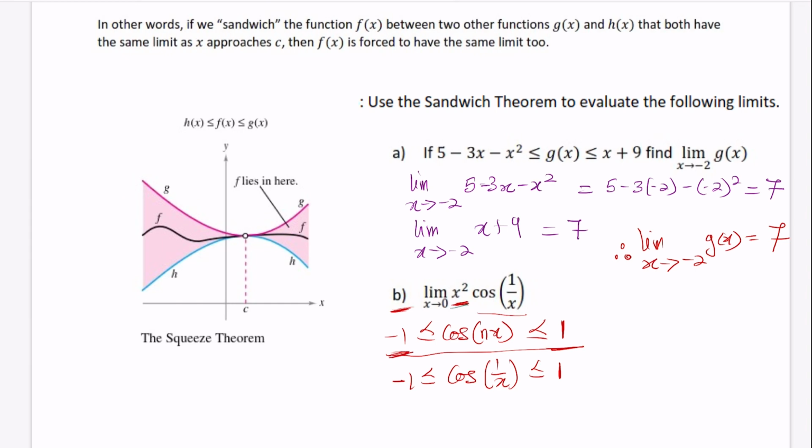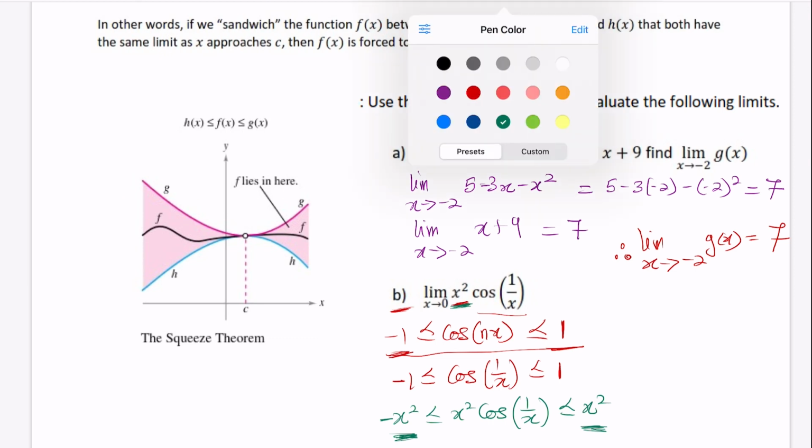Because the question contains x squared, I'm going to intentionally multiply through by x squared: negative x squared is less than or equal to x squared cosine 1 over x, which is less than or equal to x squared. So clearly, I have my minimum and my maximum function, my bottom bread and top bread function. And now I can perform the limits.